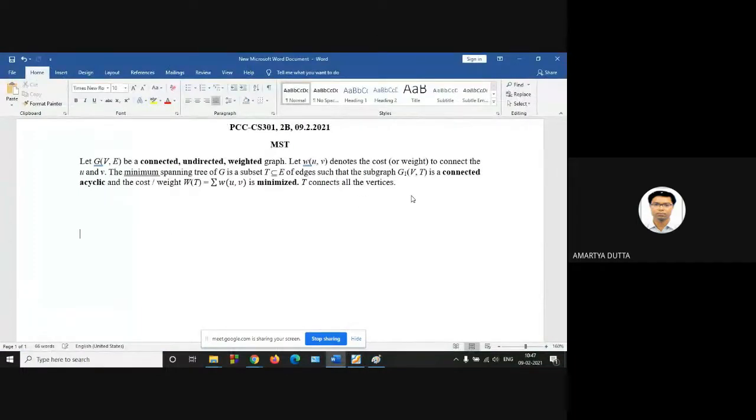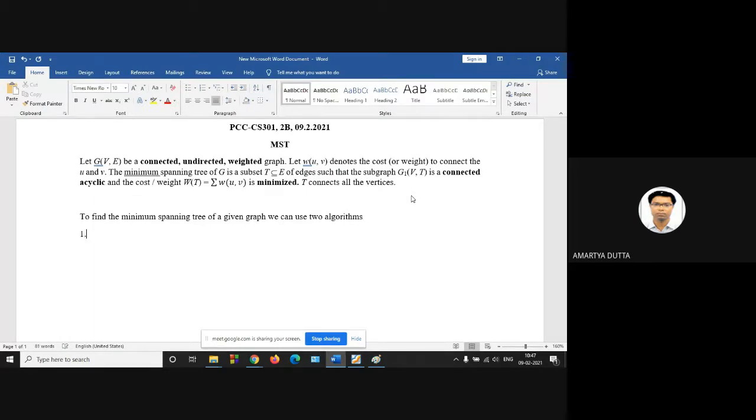Very easy to find the minimum spanning tree of a given graph.